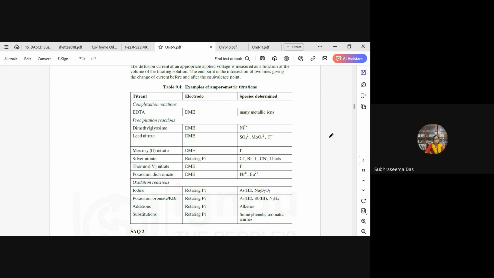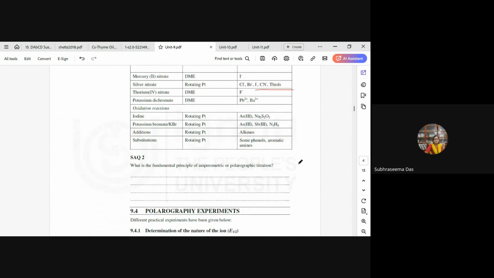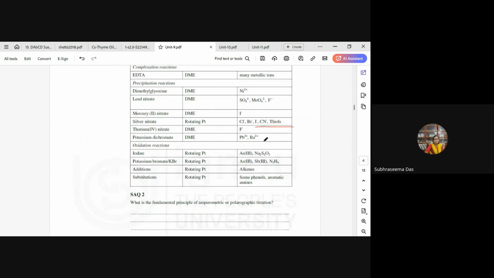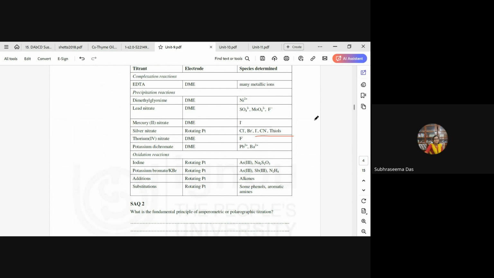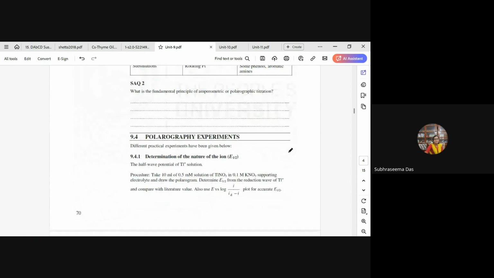If we take silver nitrate, then various ions like chloride, bromide, iodide, cyanide, and thiols can be identified. Even by oxidation reactions, some of the species can be identified. For example, if the titrant is iodine, then the species that can be determined are sodium thiosulfate and arsenic, and likewise these are some of the examples.